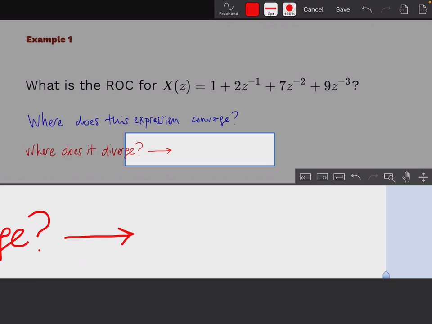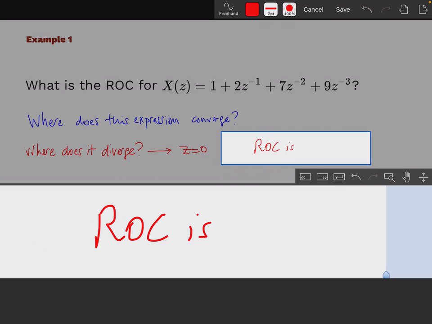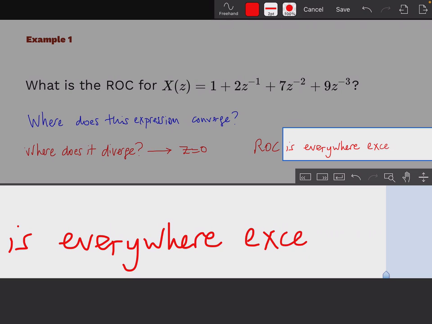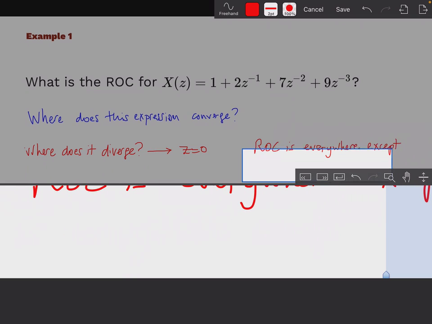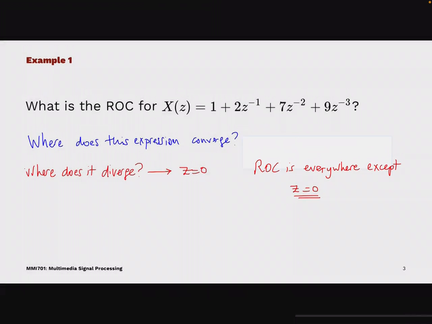So it's going to diverge at z equals 0, which means the region of convergence is everywhere except z equals 0.